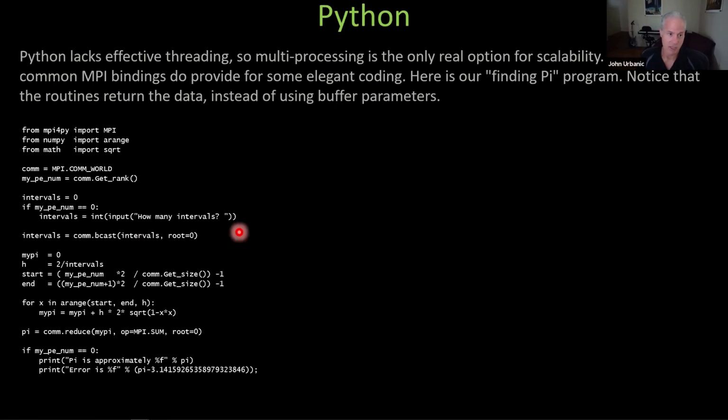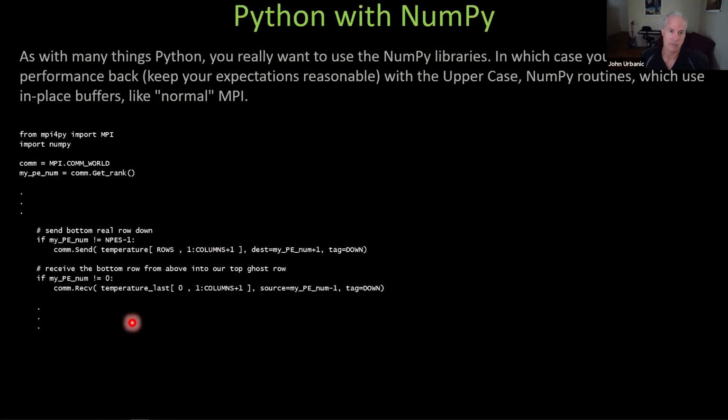You'll notice that our regular MPI reduce operates on the variables that are parameters to it, and our Python version returns the result, so pi is returned. Well, if we use the NumPy versions, it looks more like regular MPI, where everything is an argument, because it does things in place on the buffers, and that's required to have any kind of reasonable performance.